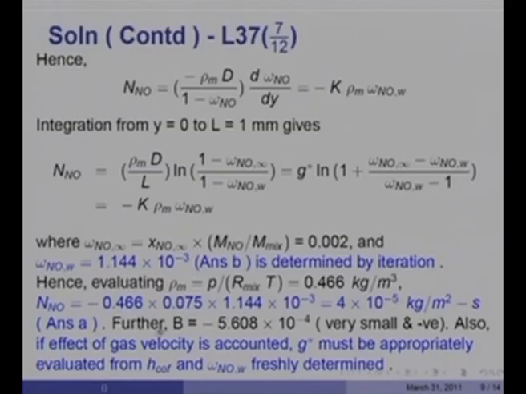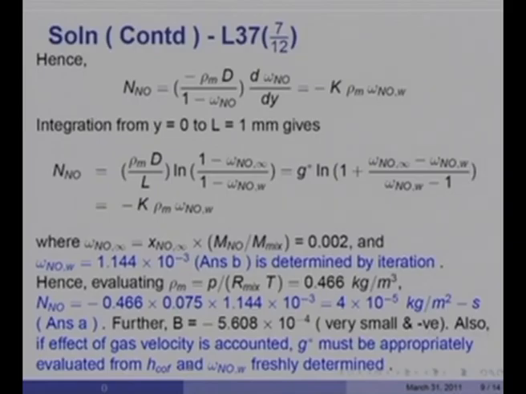The value of B itself would be, because you know now the omega NO W, you know omega NO infinity, that is the value of B, would evaluate to minus 5.608 into 10 raised to minus 4, and it is very small, as well as notice that it is negative, because there is an absorption going on.